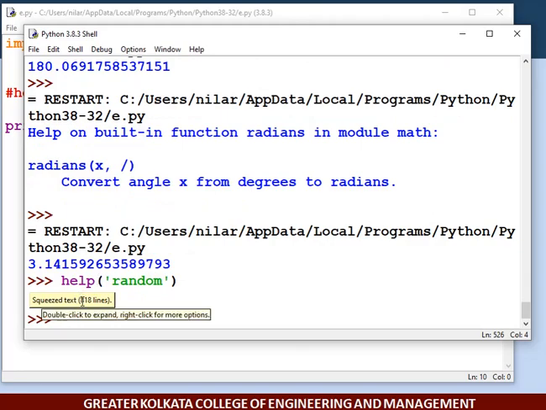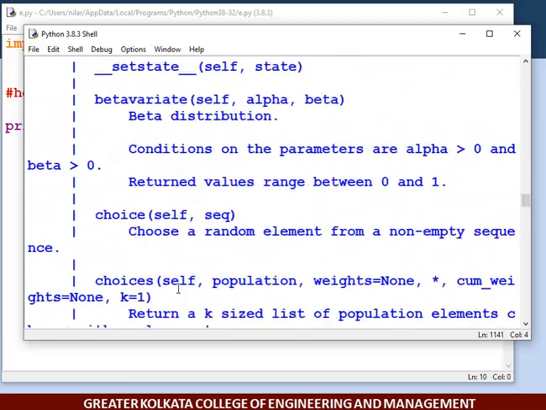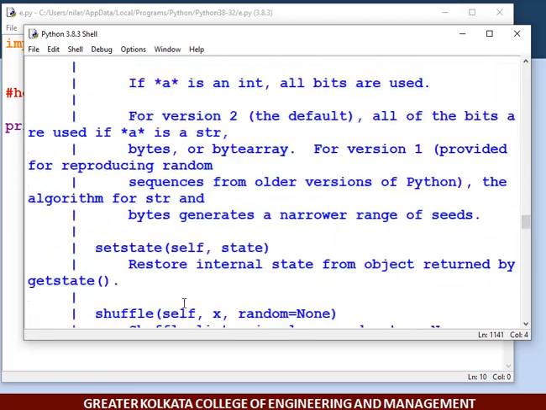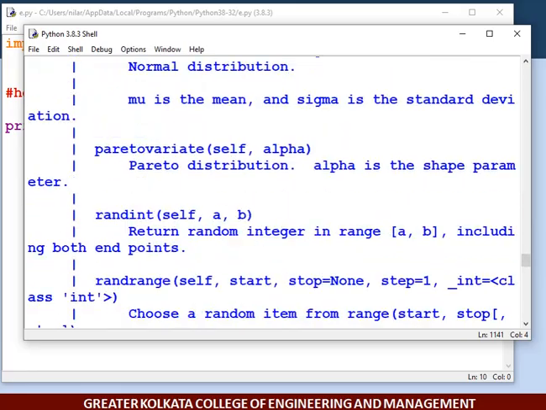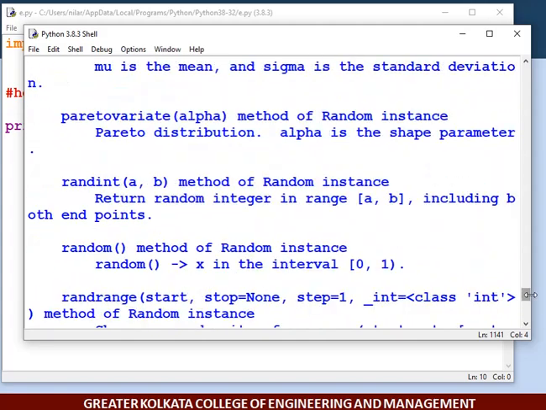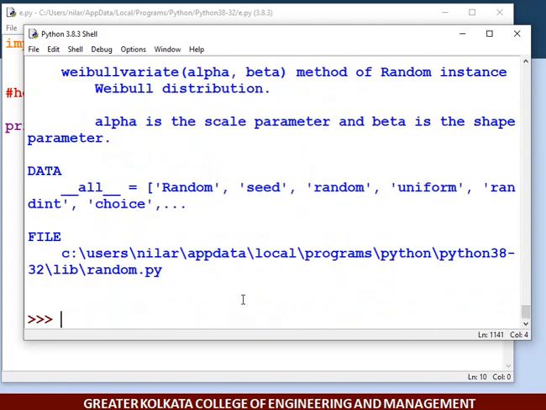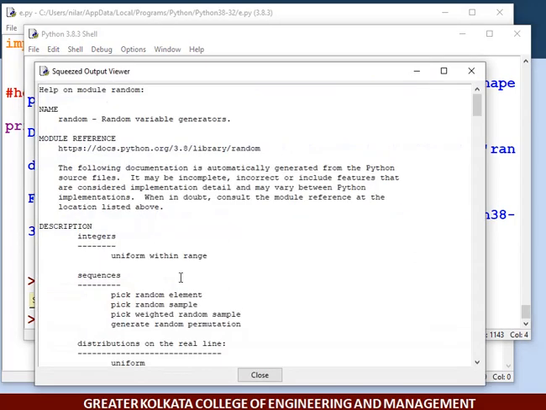There are many random module functions. These all are the random module functions. Many lines are there. Okay, clear? So again I am writing this one. Now for a better view I am doing that.